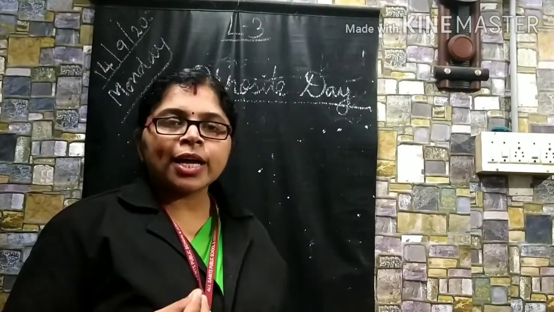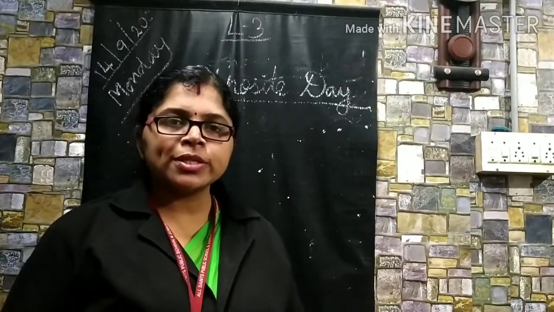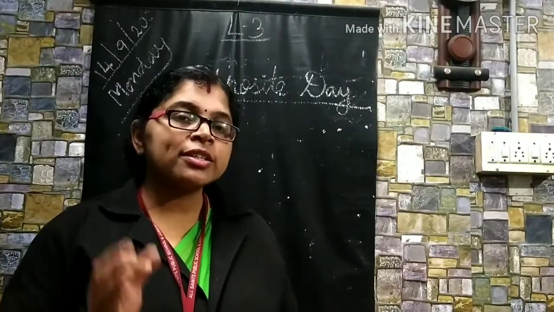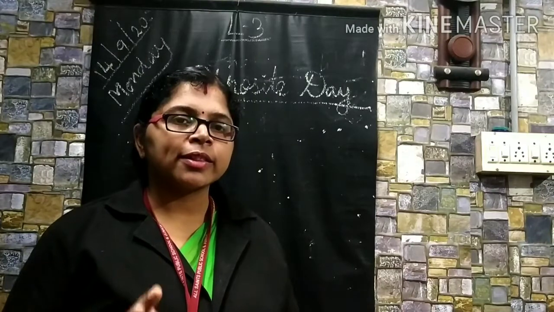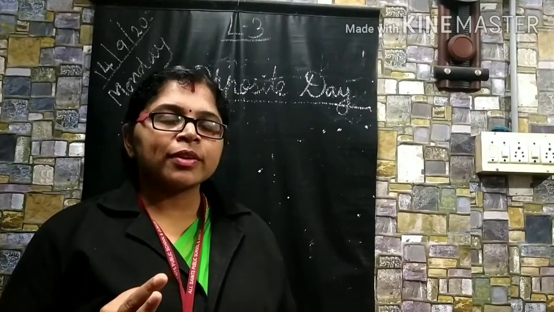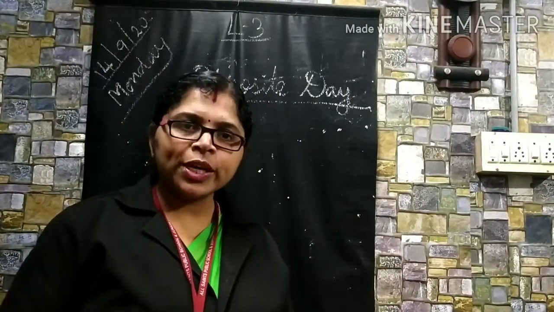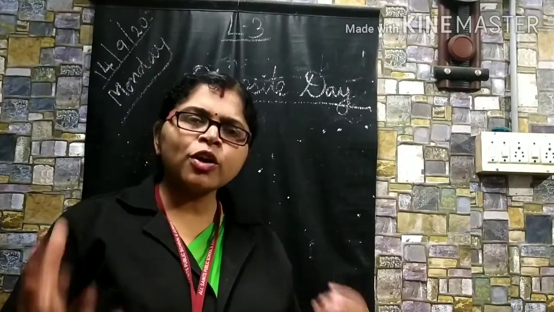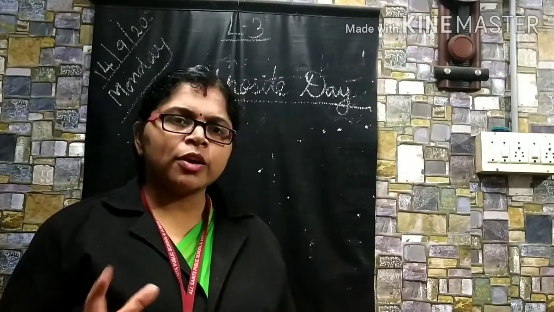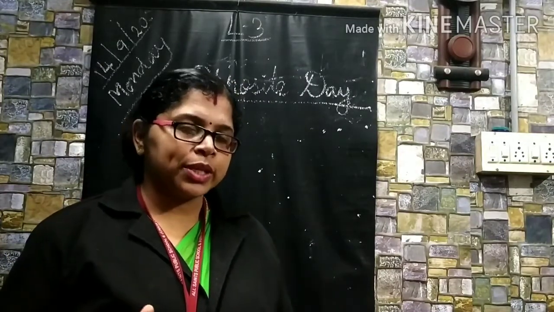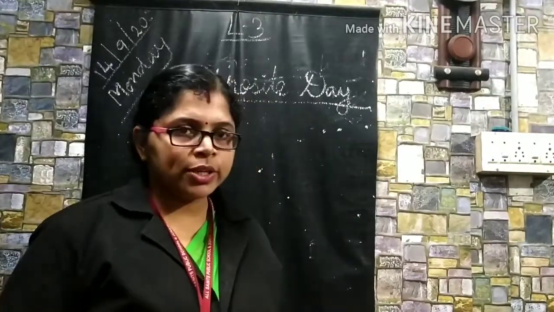Like the poet has done many things in the opposite way, you have to think of any 3 things that you do in the opposite way and write down those 3 things.